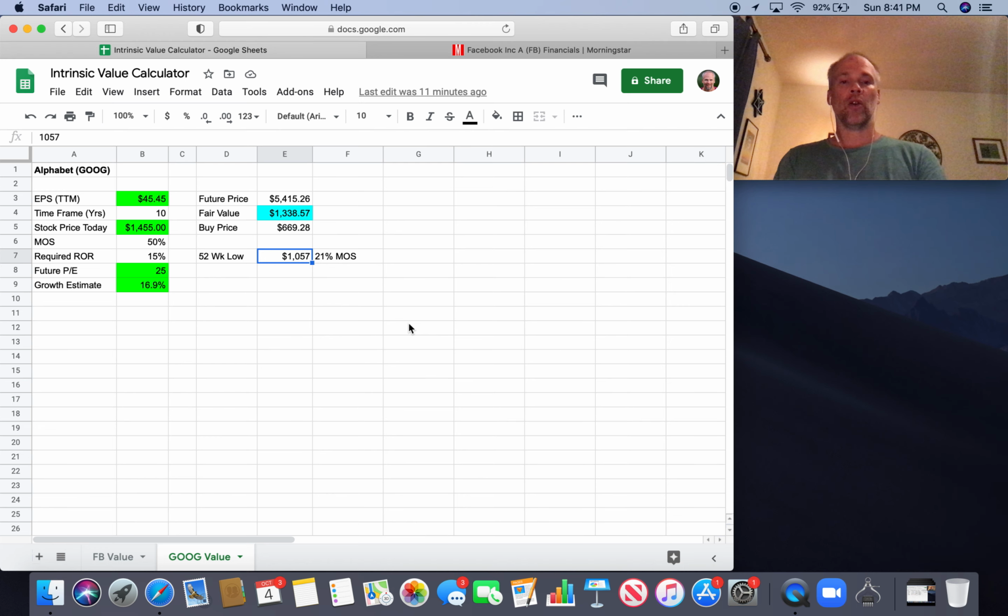So, depending on your appetite for Google and what you think of its future price to earnings ratio prospects and what the growth rate is going to be over the next 10 years, recently it could have been a buy for you back in March, maybe even more recently than that.